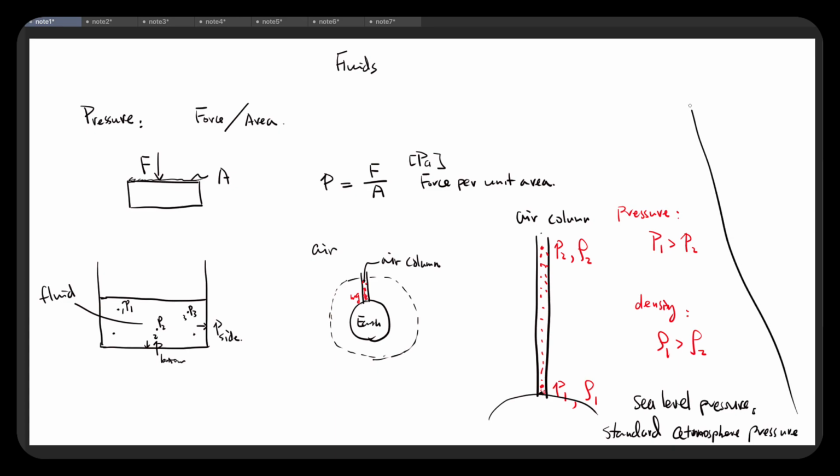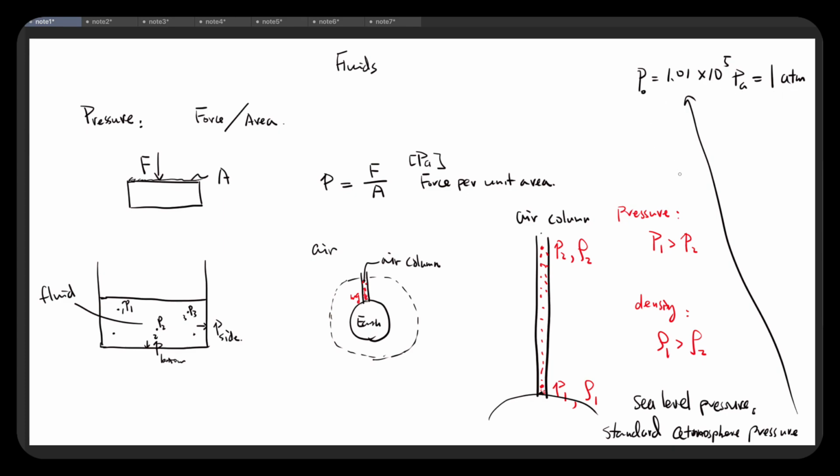The value here, let's call it P naught, is 1.01 times 10 to the 5th Pascal. And this value of pressure is defined as 1 atm, 1 atmosphere.